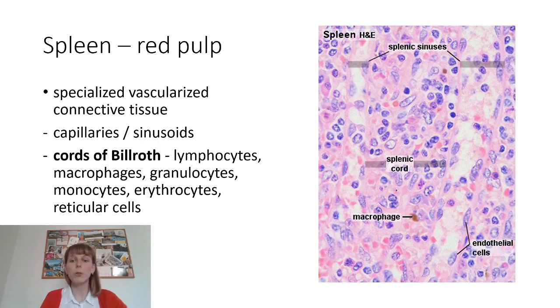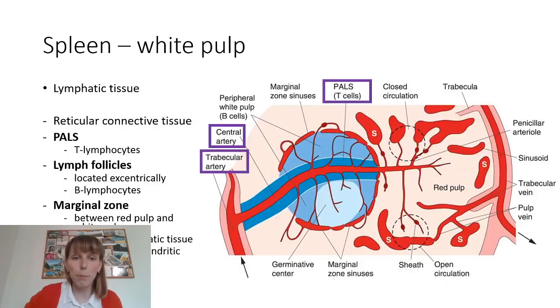So they could also be stained with the Perls reaction with Prussian blue that we already mentioned. Macrophages are non-specific immunity, and the specific immunity is located in the white pulp, the B and T lymphocytes.